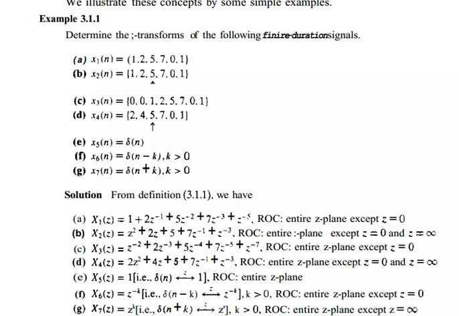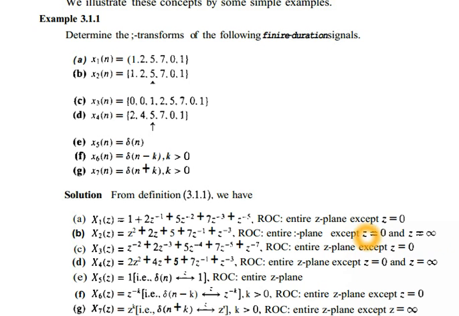And the second case is x2 of n equal to 1, 2, 5, where the origin is indicated at 5. Then the series becomes z squared plus 2z plus 5 into z raised to minus 1, and so on. In this case, if z is equal to infinity, then it's infinity raised to 2, which is not valid.